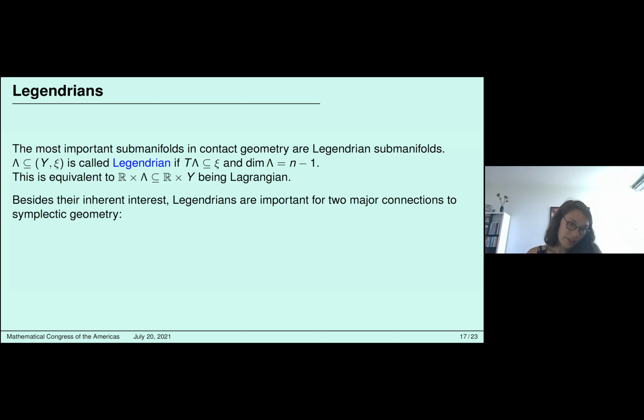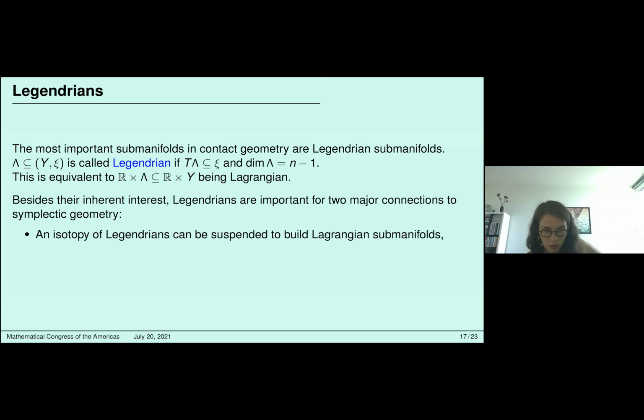And so these, of course, I'm among a community of people who study Legendrians just to study them, but particularly connecting to symplectic geometry, there's two major connections. One of them is that if you have just an isotopy of Legendrians, you can suspend that to build a Lagrangian in R cross Y. It's no longer equivariant, but it's still a Lagrangian, and so you could use that for constructions.